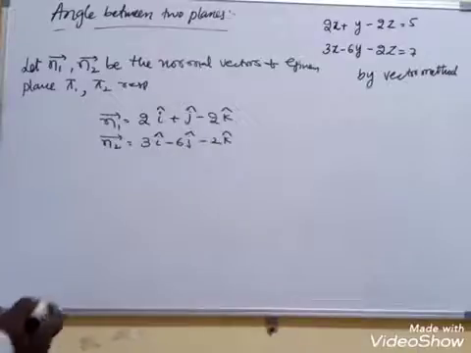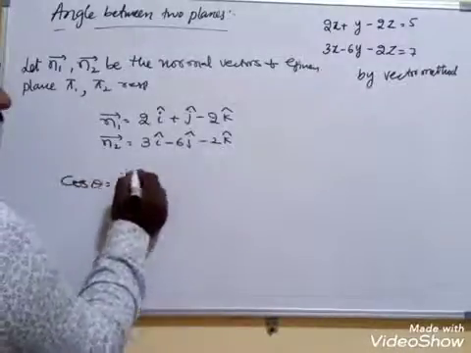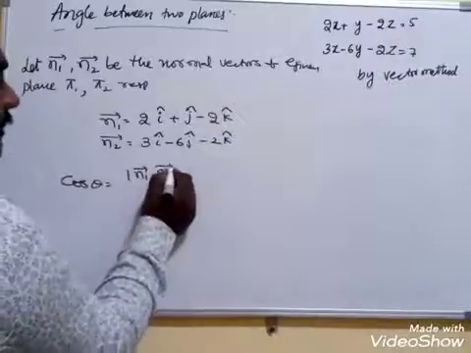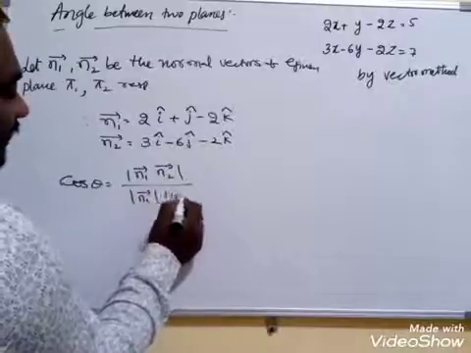After getting these normal vectors, what is the formula we have? Cos theta is equal to modulus of n1 bar dot n2 bar by modulus of n1 bar modulus of n2 bar.